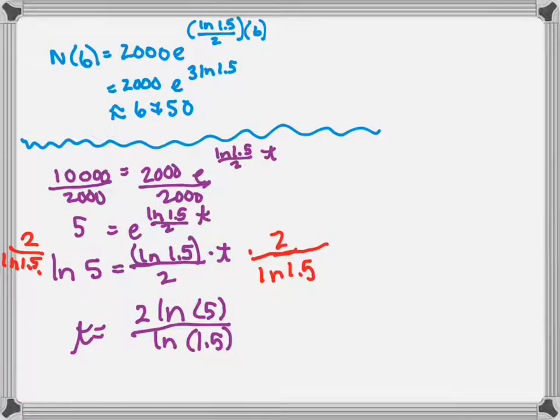So t is equal to, this is the exact answer, 2 times the natural log of 5 divided by the natural log of 1.5, which is approximately 7.9387 hours.